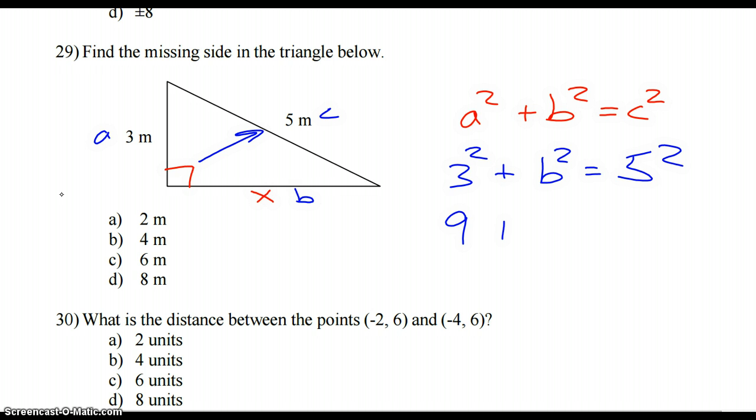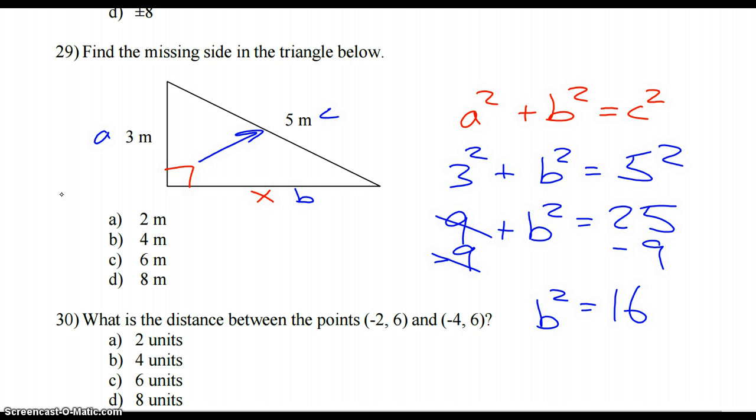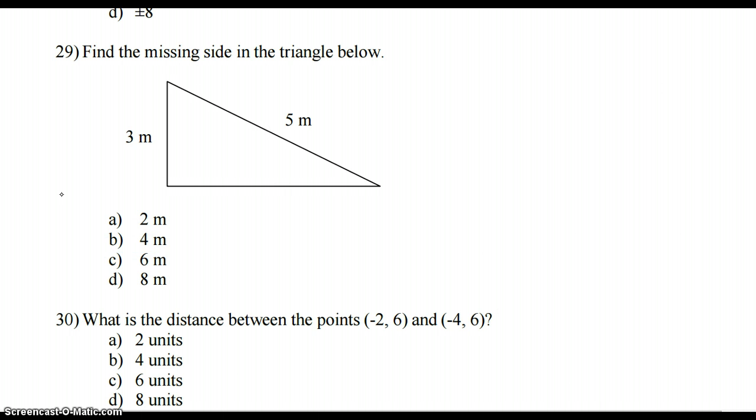Or 9 plus B to the second equals 25. Subtract 9 on both sides, and we get B to the second equals 16. We square root both sides, and we get B equals 4. All right, there we go. That's how we do that one. We wouldn't use the negative version of 4 there because we're talking about distance.